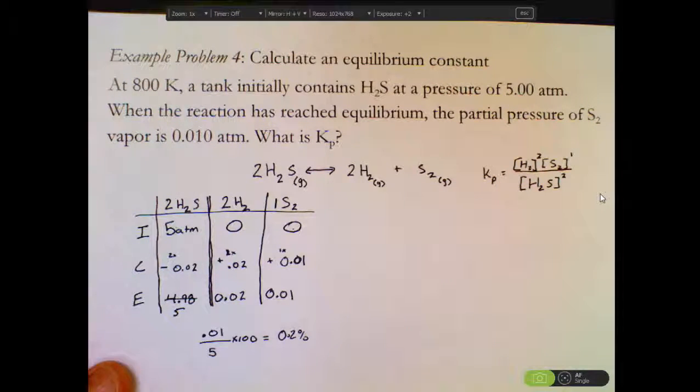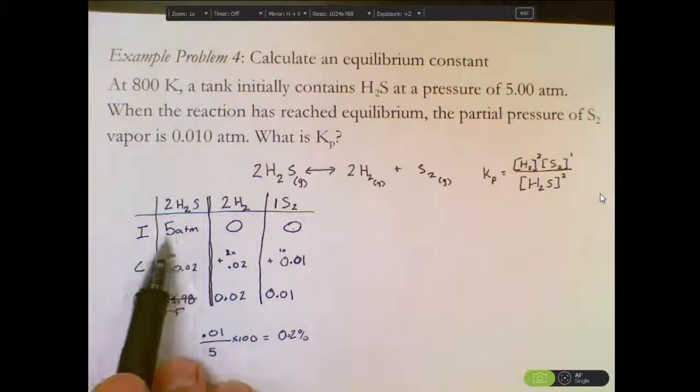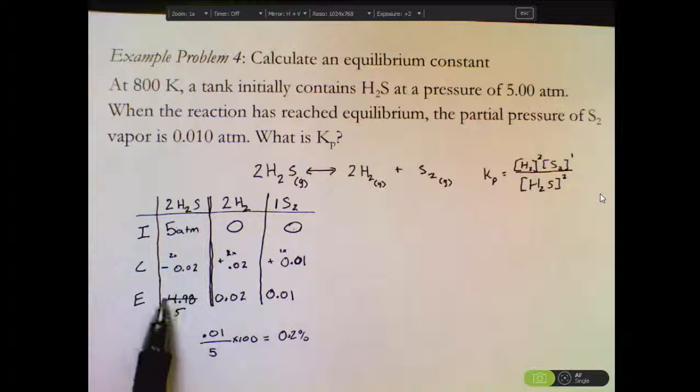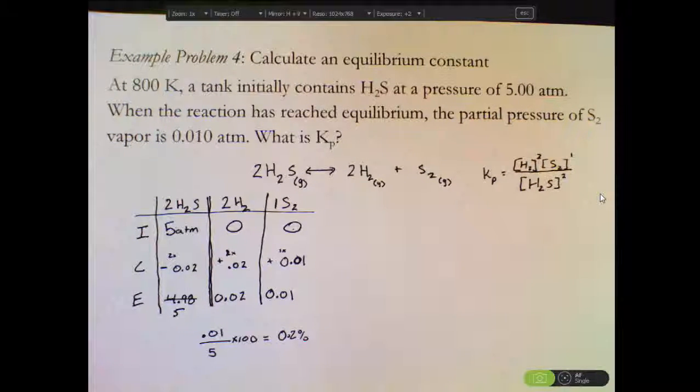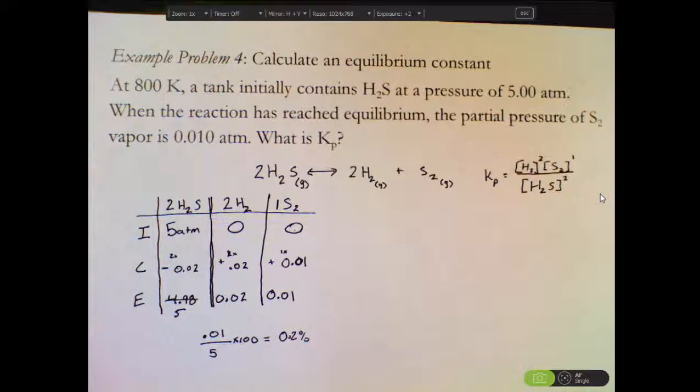The amount of decrease is so small, it's not going to come into play overall. However, since 4.98 really isn't a tough number to work with, it's okay to also subtract that. Sometimes these numbers for our product concentration are just so tiny that when we're subtracting them from our initial reactant concentration to get a decimal value, the work just becomes so cumbersome trying to keep all of those place values and digits straight that you're more likely to make a mistake.